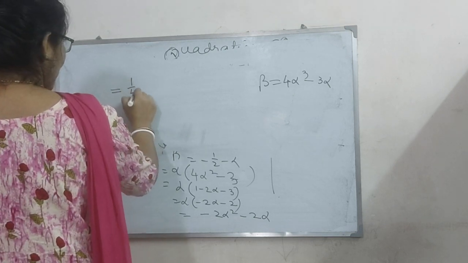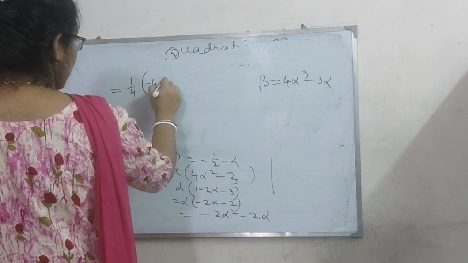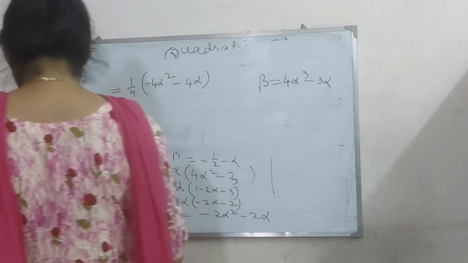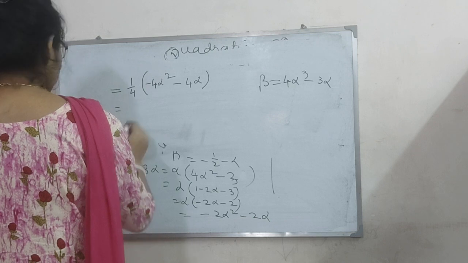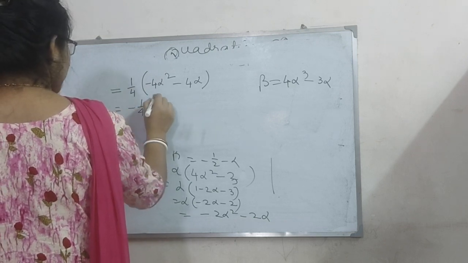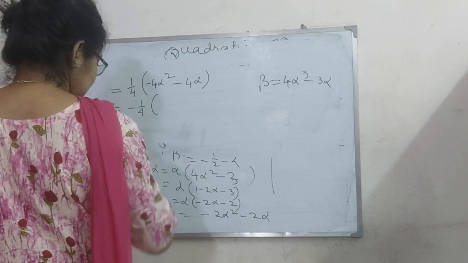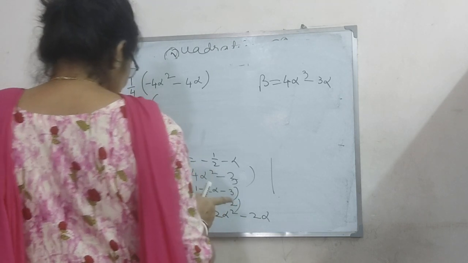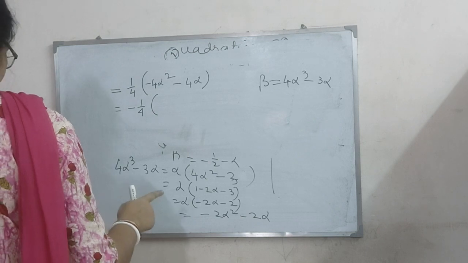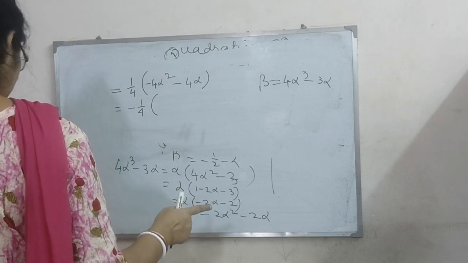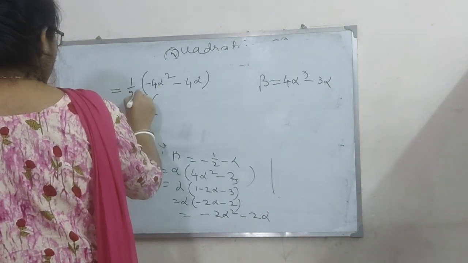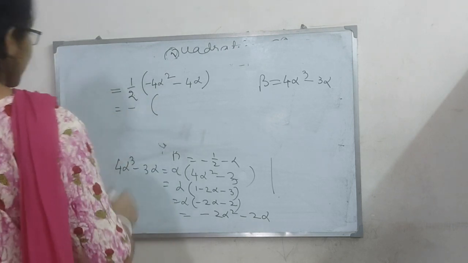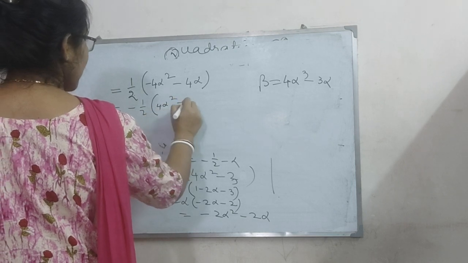This equals minus 2 alpha square minus 2 alpha, which is minus half common, (4 alpha square plus 4 alpha).